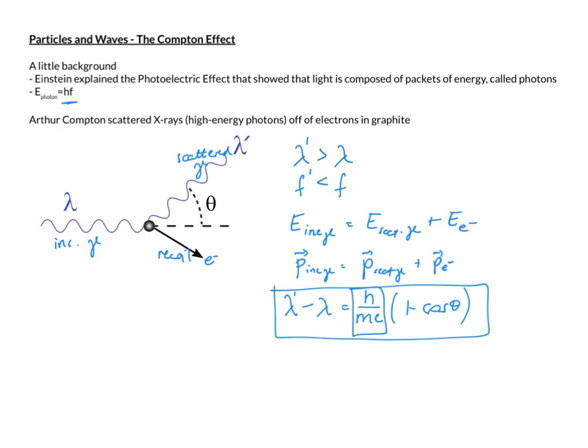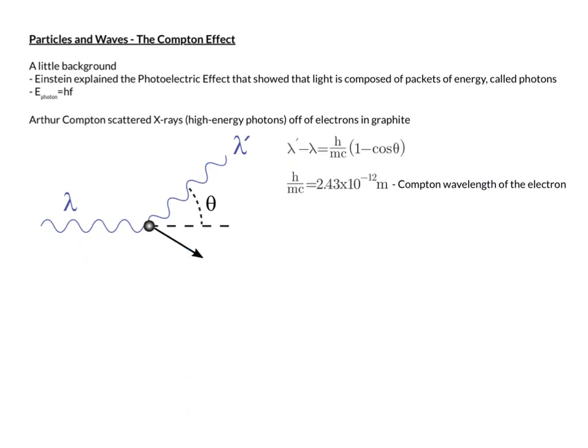So that would give us the Compton wavelength of the electron. So here we have a little summary of equations. Here's the equation that Compton came up with for the difference in wavelengths of the scattered photon and the incident photon as a function of the Compton wavelength of the electron.